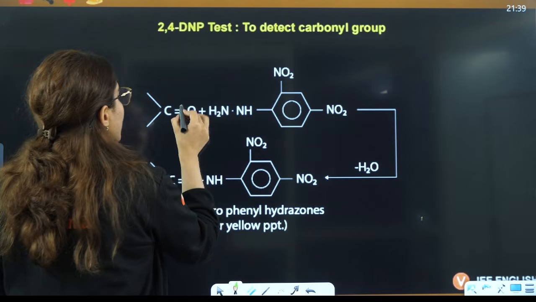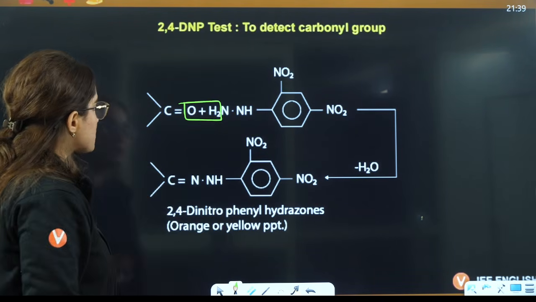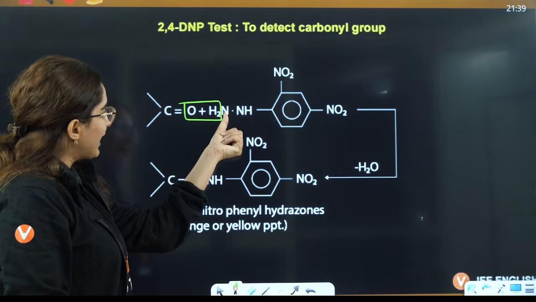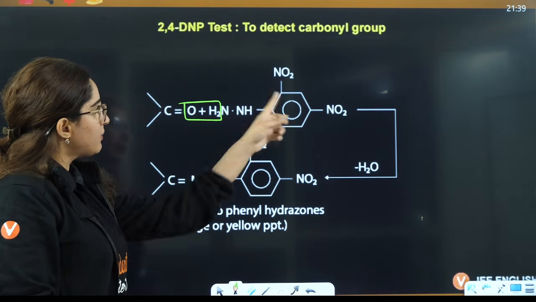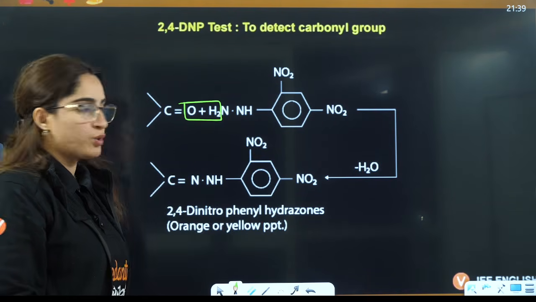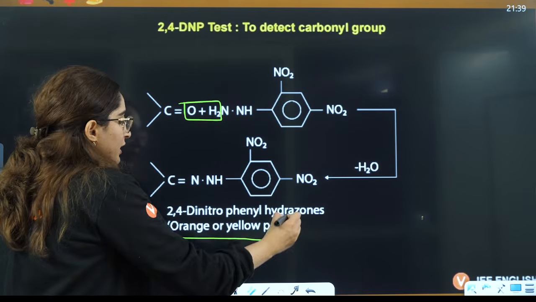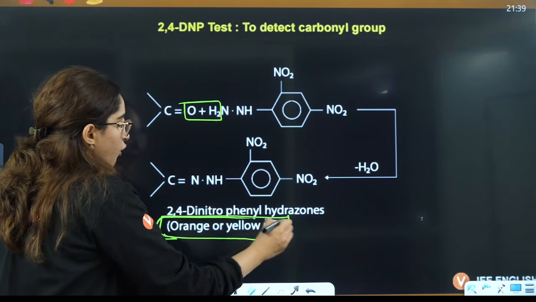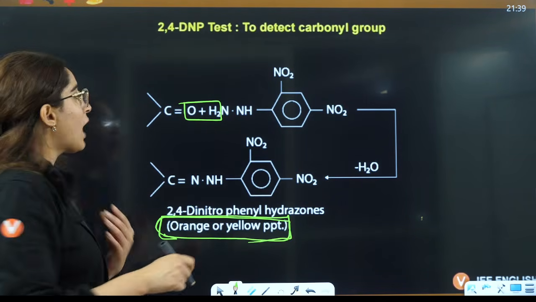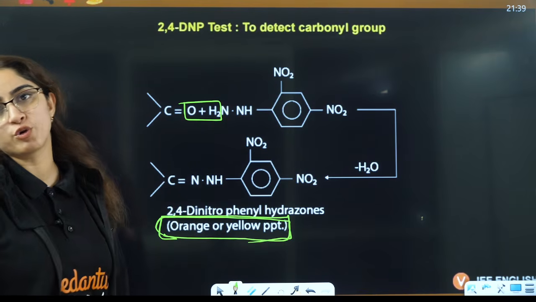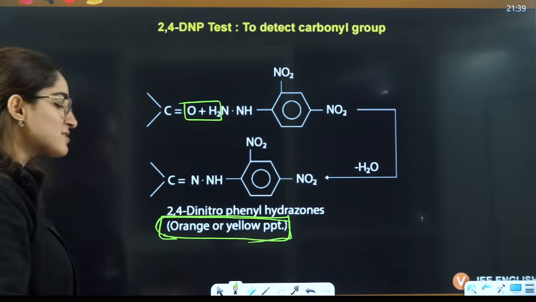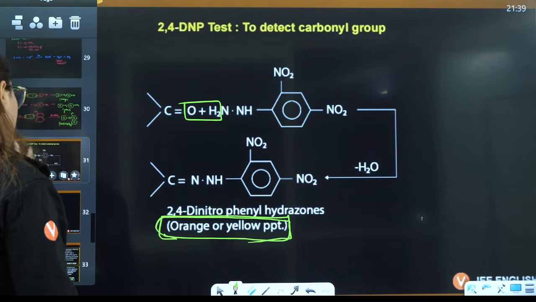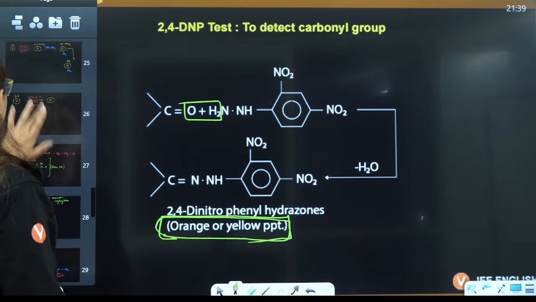So here water will be eliminated, so you will have C double bond N, NH, then benzene, then NO2. An orange or yellow precipitate will be formed, and this shows the presence of this carbonyl group here. So that is the test of carbonyl group. It may be aldehyde or ketone, both of them.